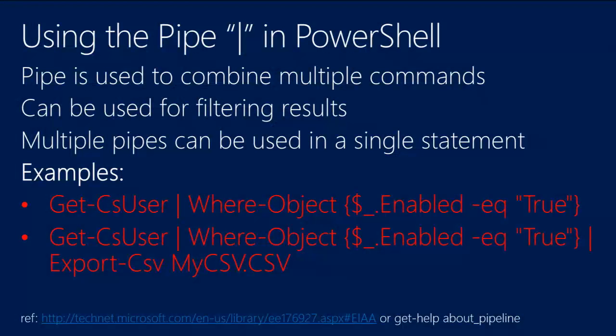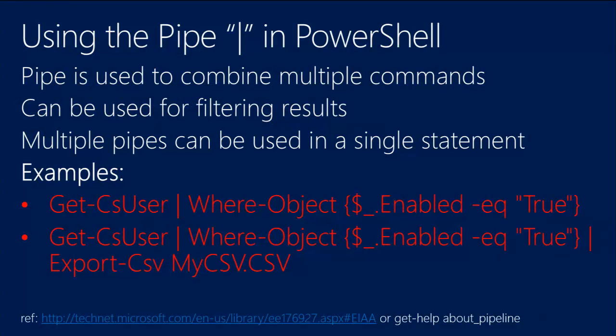So we have one example here where we're just doing a Get-CsUser Where-Object $_.Enabled -eq $true. So all we're doing here is saying we want to find all the users who are enabled for Lync, right? Then we can also pipe that out to an Export-Csv file. Nothing too crazy here.